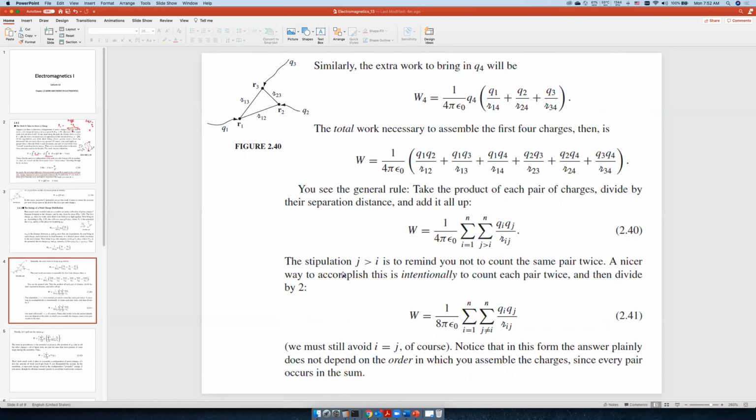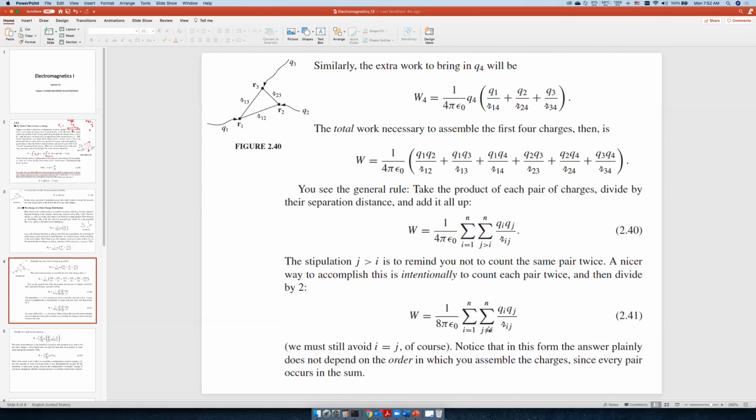So a nicer way to write the same equation is still the sum with i from 1 to n, and then j from 1 to n again, but j doesn't equal i.